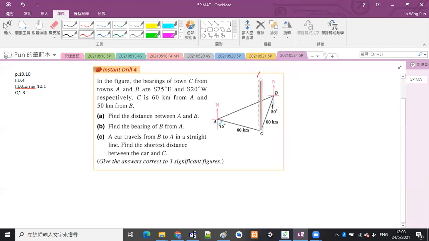So this is the north direction, which means that this new line will be parallel to this north-south direction and this north-south direction. All the north-south directions should be parallel to each other. If that is the case, I actually divided angle C into 2 parts. Let me call them small letter a and small letter b.